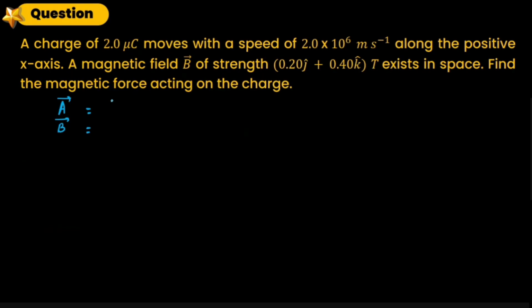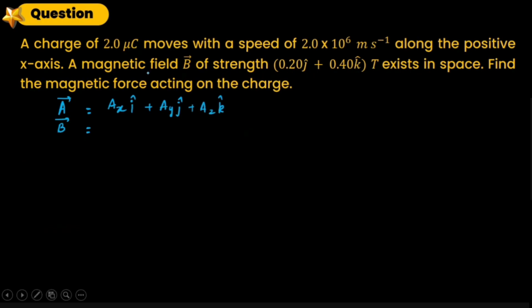So it is represented as ax i cap plus ay j cap plus az k cap. These i, j, k caps represent the coefficients, or you can say the direction cosines, of the vector in the x, y, and z axes respectively.